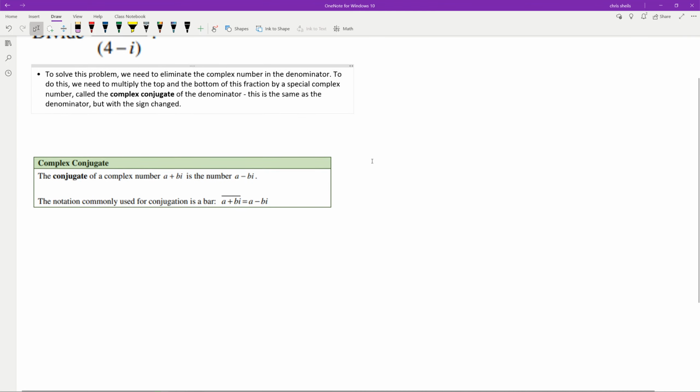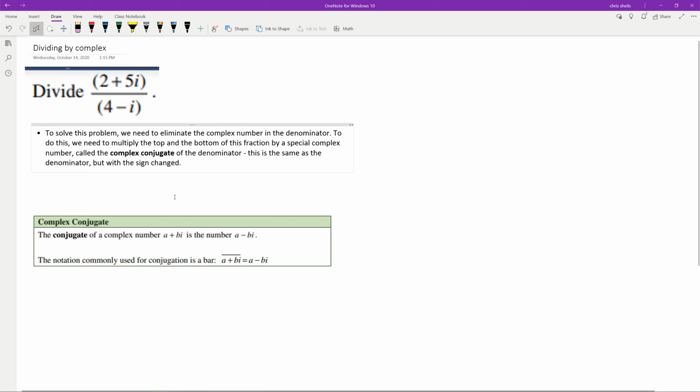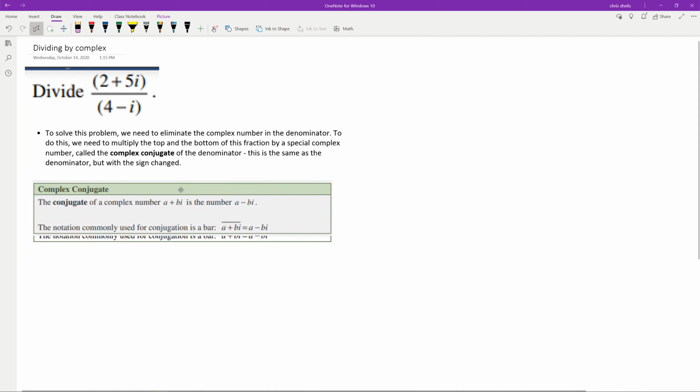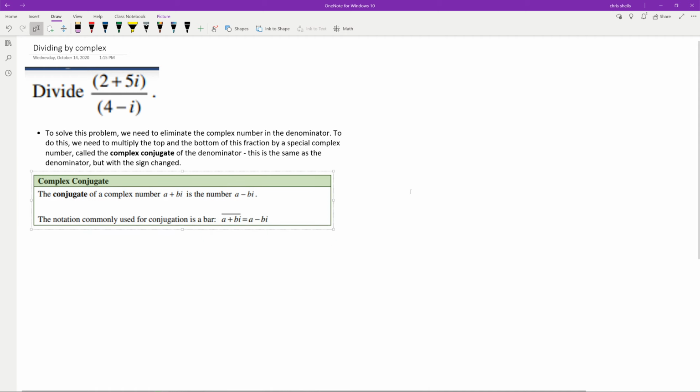So we have this definition of a complex conjugate. The conjugate of a complex number, a plus bi, is the number a minus bi. The notation used for conjugation is a bar. So the complex conjugate in this problem, we want to look at the complex conjugate of the denominator.